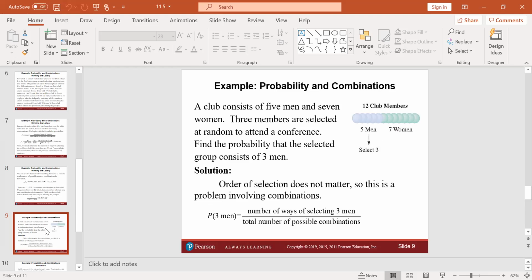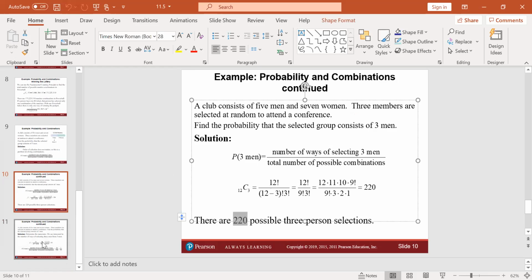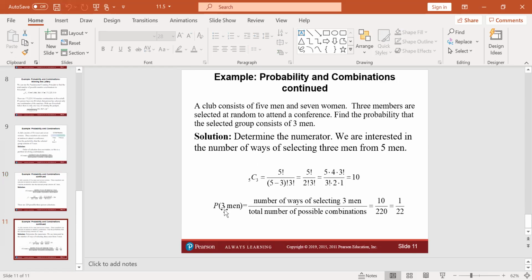So we take the number of ways of selecting 3 men divided by the total number of possible combinations. So there's 220 possible ways we can select 3 people, period. But out of 5 men, we need to do 5C3, which will give us 10. Out of 5 men, there's 10 ways that we can choose any 3 of them.